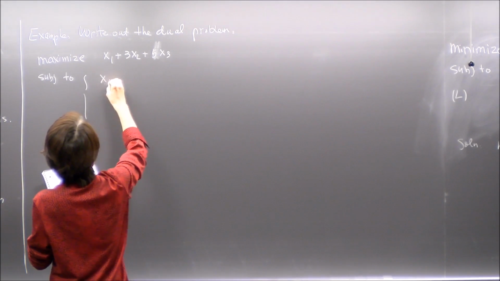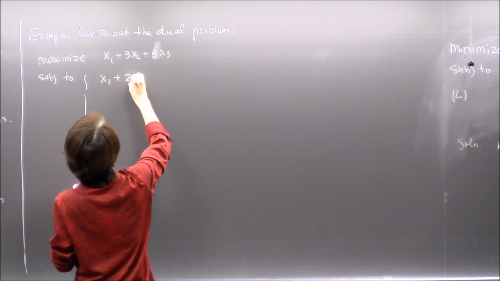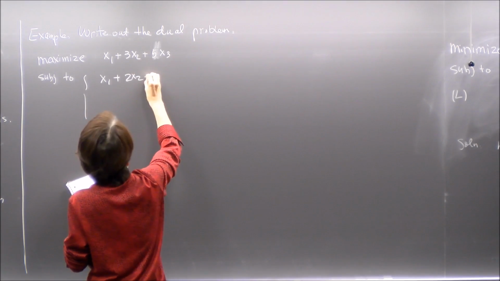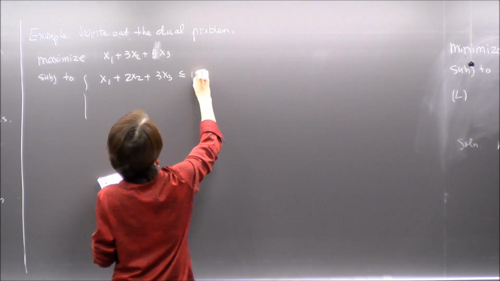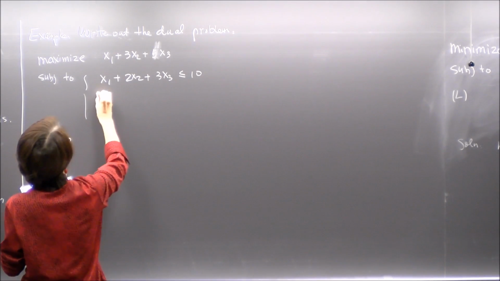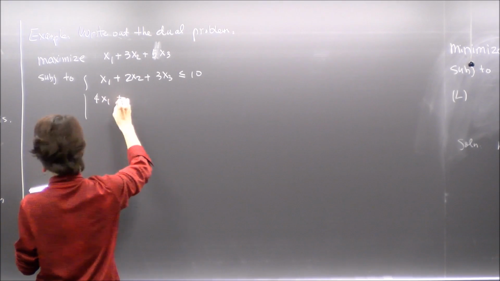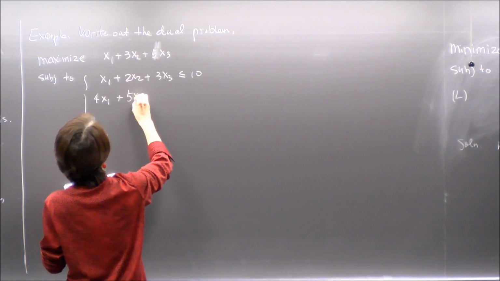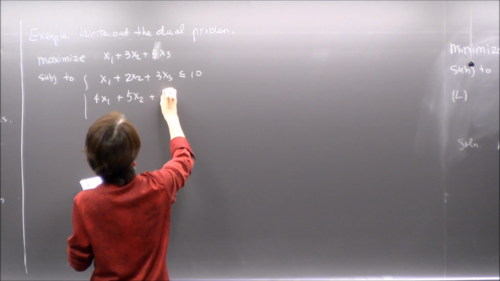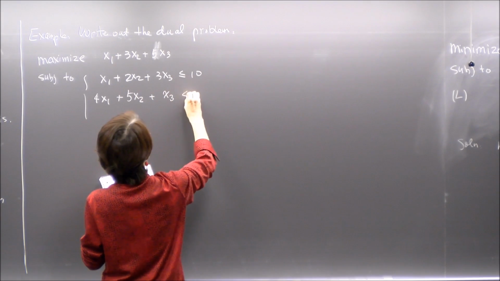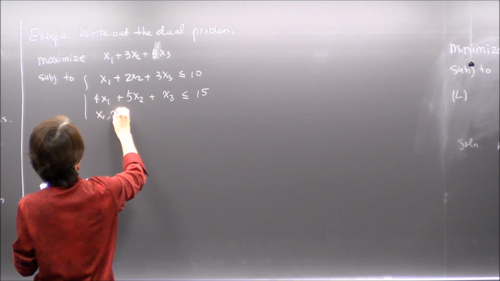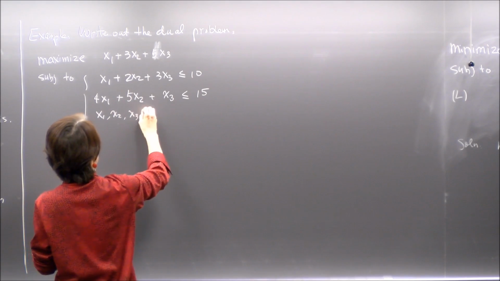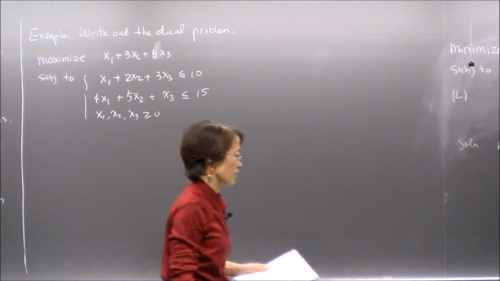So I have x1 plus 2 x2 plus 3 x3 less than or equal to 10. It's just numbers. 4 x1 plus 5 x2 plus x3 less than or equal to 15, x1, x2, x3 bigger than or equal to 0.